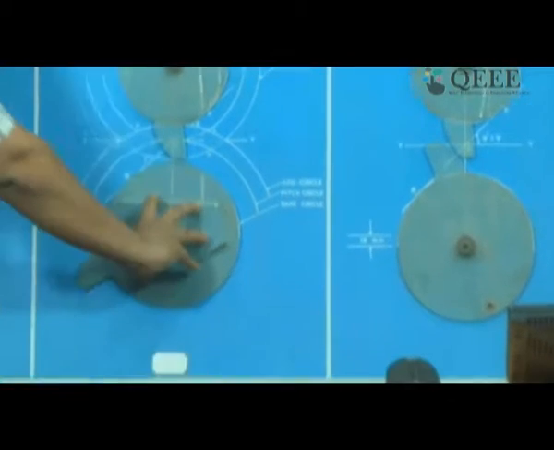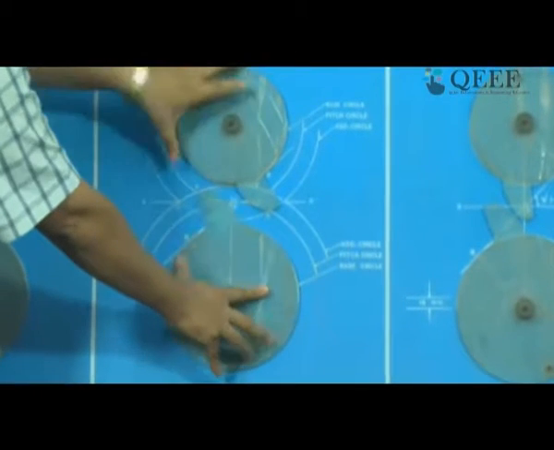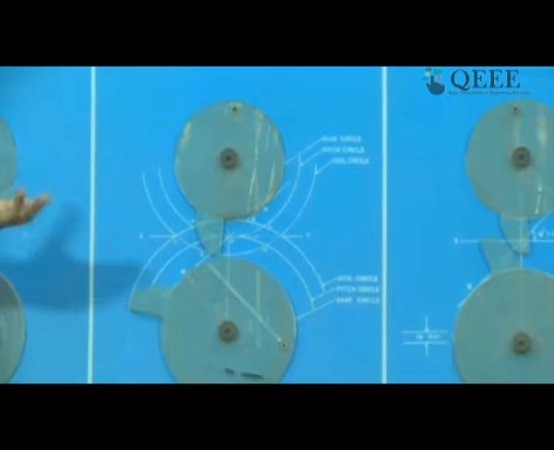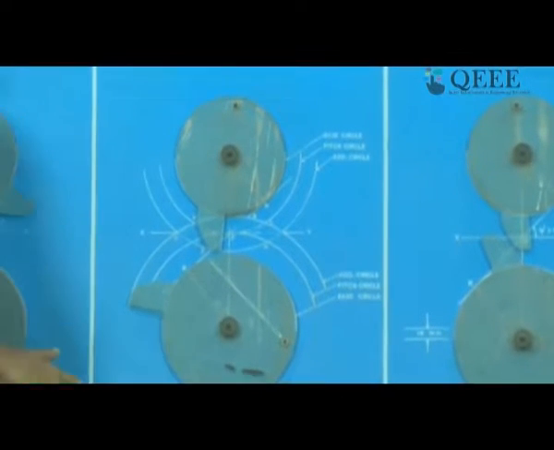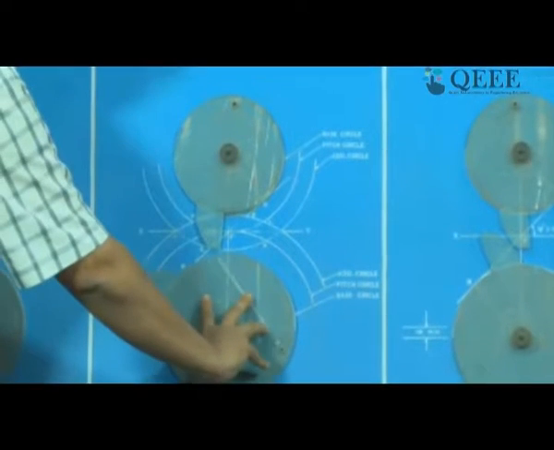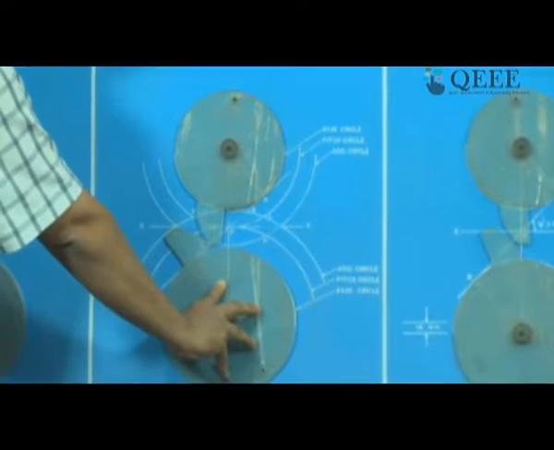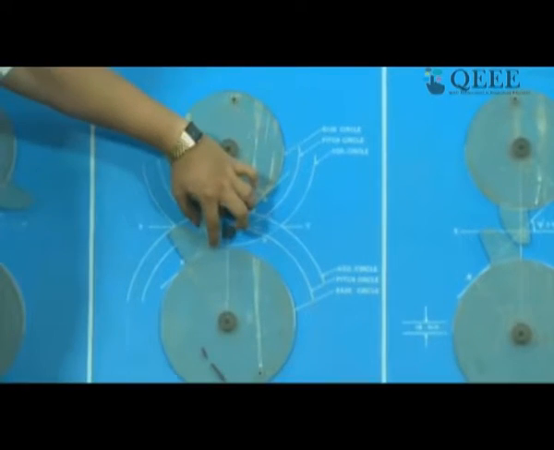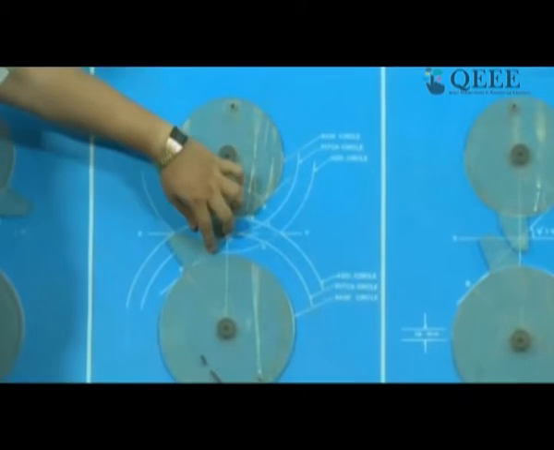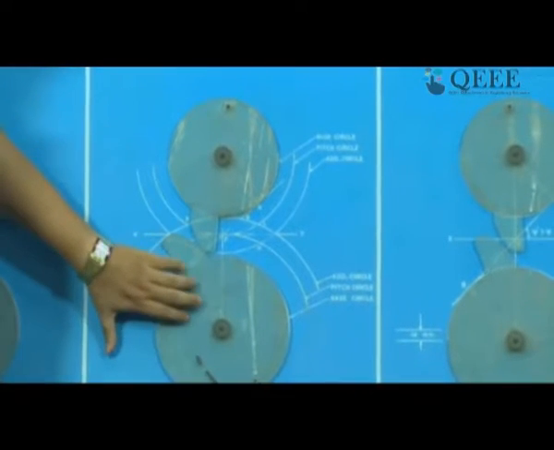If I am applying a torque on this gear, you are able to see that the torque is getting transmitted. Let's understand at what point the first transmission takes place from this gear to this gear. The first transmission takes place at this point. And how do we identify this point? This point is identified where the extreme uppermost or outermost periphery of this gear has just come in contact with this body.